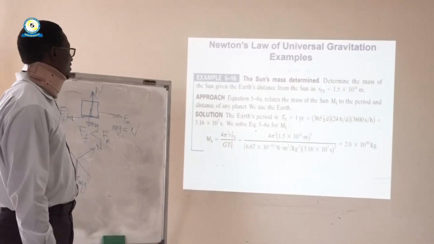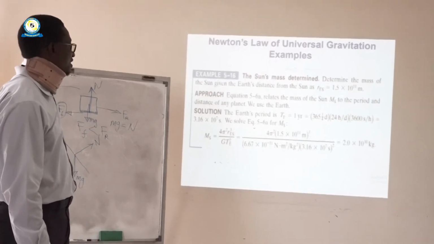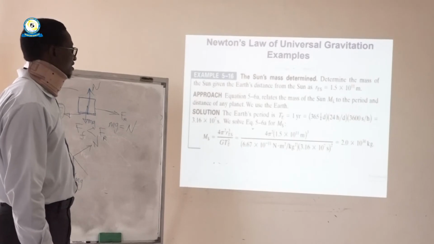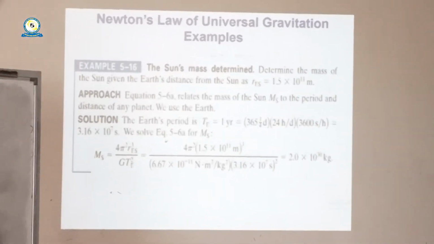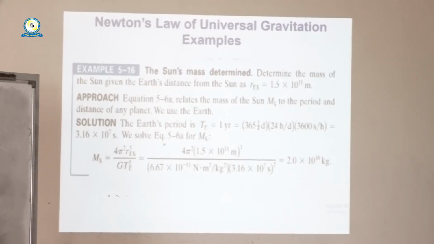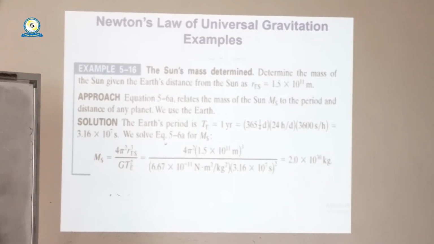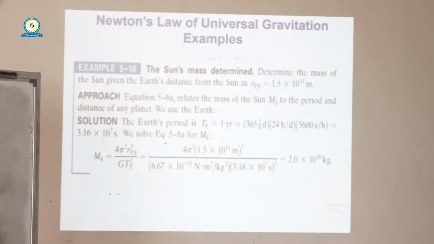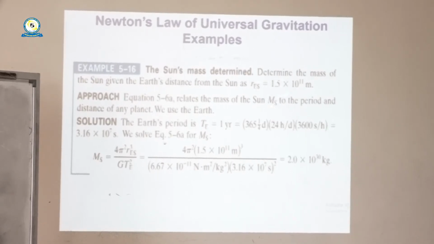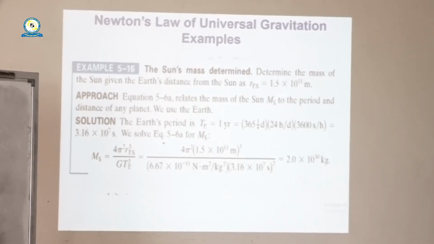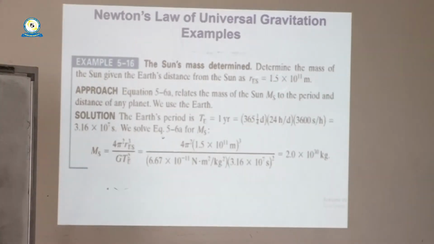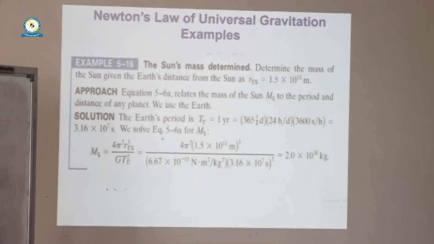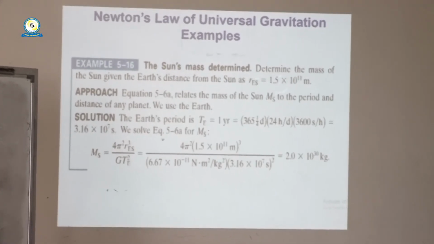Given the Earth's distance from the Sun, R_ES, is equal to 1.5 times 10 to the 11 meters. The approach: an equation relates the mass of the Sun to the period and the distance of any planet. We use the Earth. Solution: the Earth's period is 1 year.